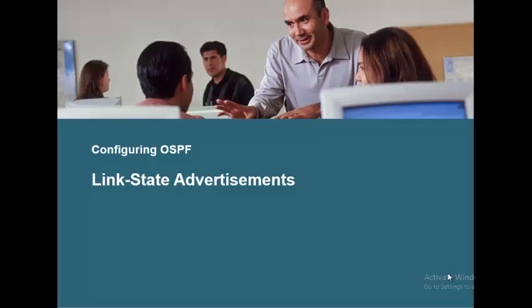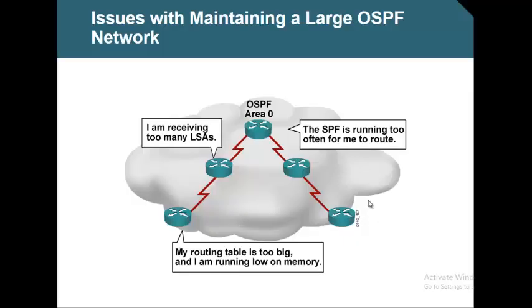But anyway, here in OSPF, when you have multiple areas, we have different types of advertisements. When you have only one big area, this is where the problem comes. Each router will say, oh, I have too many routes in the routing table, the routing table is too big, so I'm running out of memory. Another router is shouting about a lot of advertisements, it keeps running LSAs and keeps running OSPF because every now and then a new change happens in the topology.